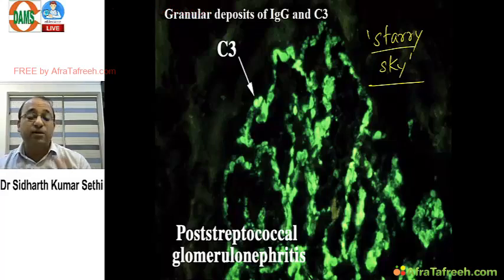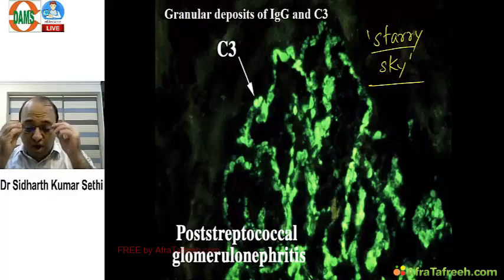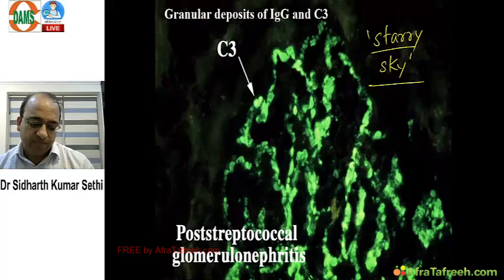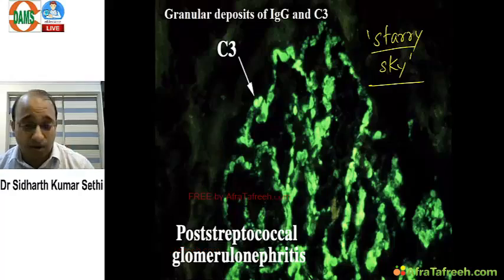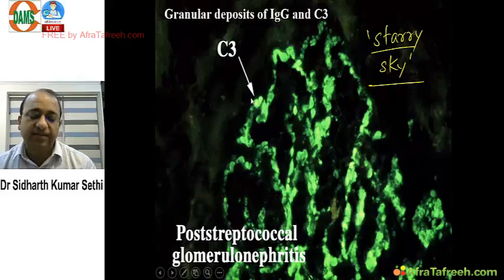Why was C3 low? Because C3 got deposited in the glomeruli. This is the classic starry sky pattern, which is granular. Can you see granules? It is not a straight line. So a granular appearance is seen in post-streptococcal GN.